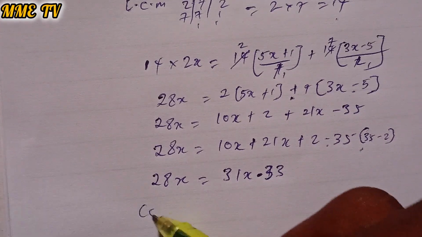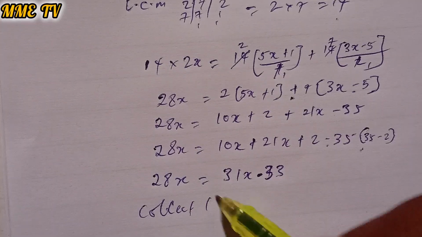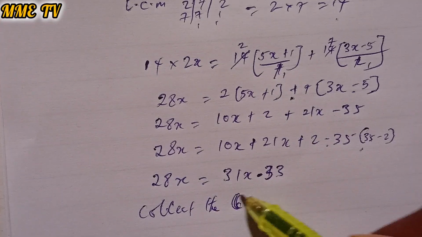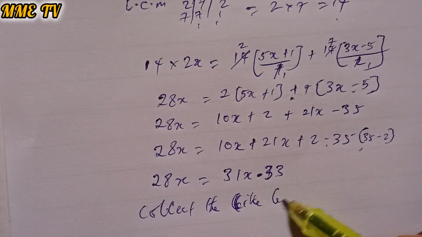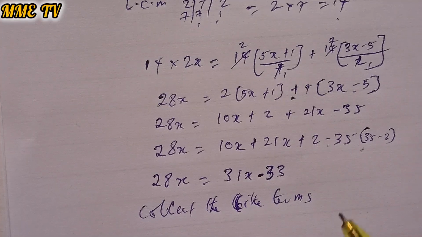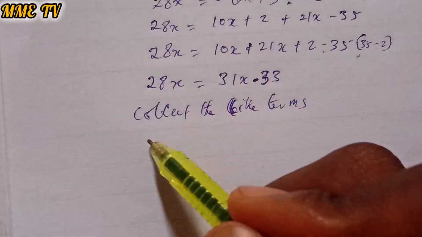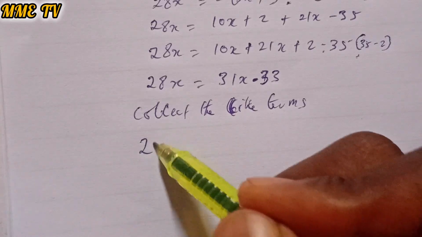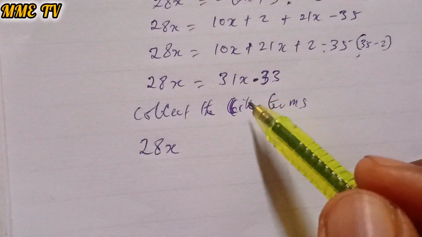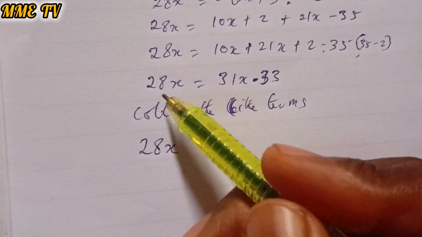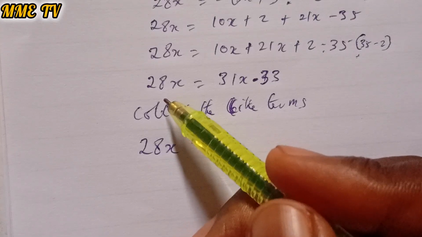Then what do we do here? We are now going to collect the like terms. Like terms are the ones that look just alike with each other. So it means that I will be having 28x. This number here and this, they are the same thing, right?